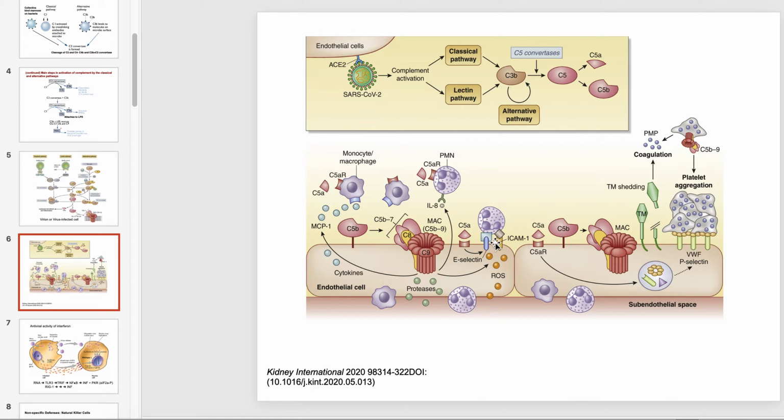So the additional things that can happen in this particular case is you see these E-selectins, you see these P-selectins, these ICAMs and so forth. These kinds of molecules that form on the surface actually allow other cell types to stick to those cell surfaces.